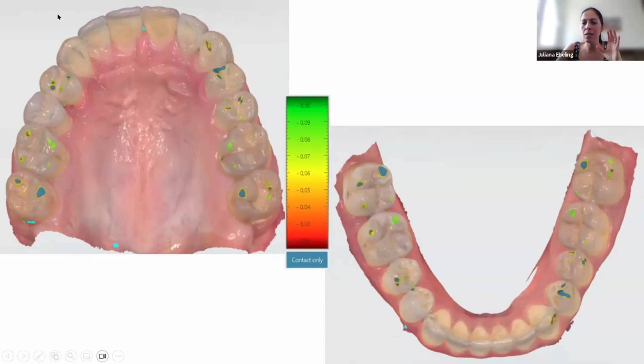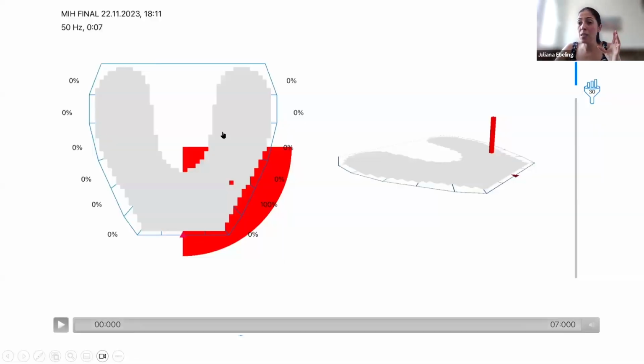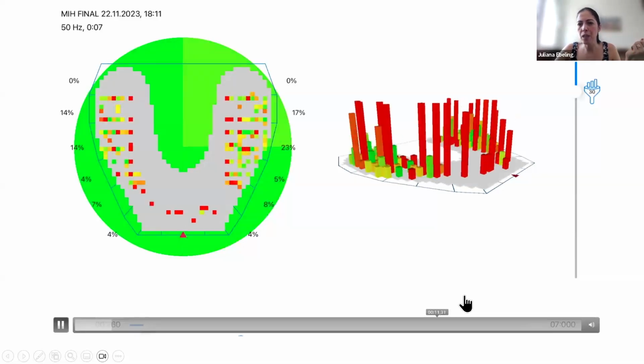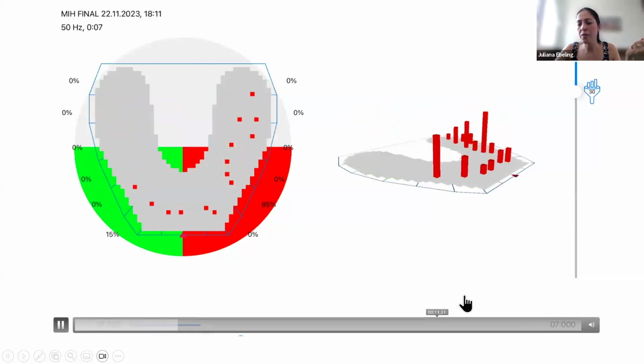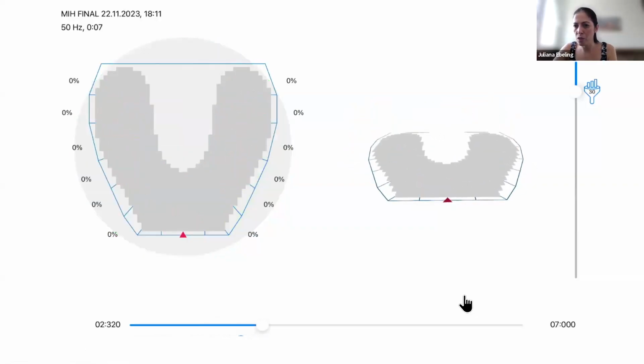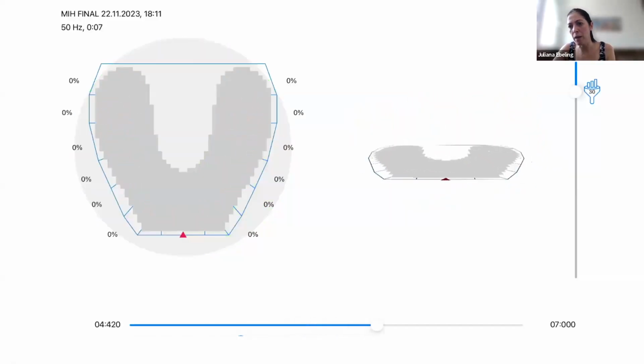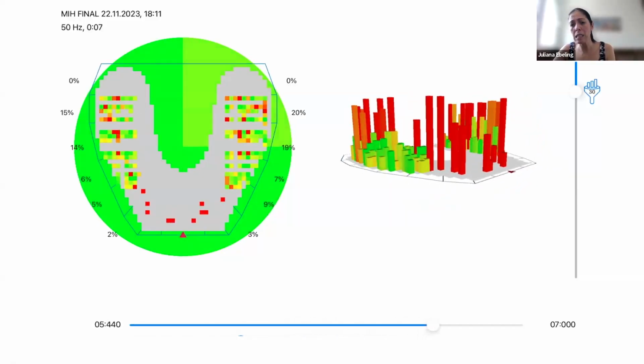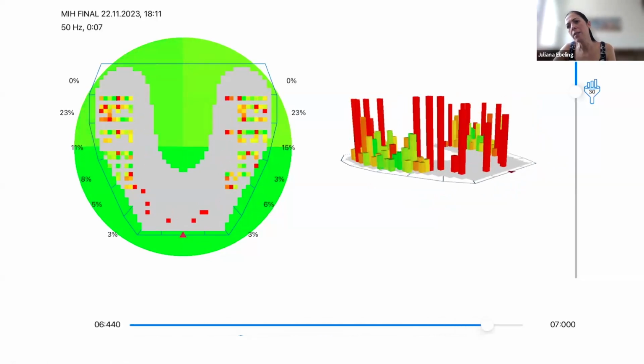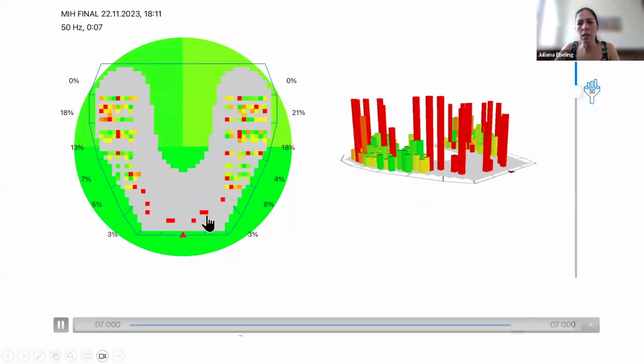Remember that this is a picture of a moment, and I need to understand how it's happening with muscle activity and joint flows, is everything working together. And this is the picture of the final contacts distribution. A very good distribution, a very good intensity balance, and this patient is very, very stable until now.